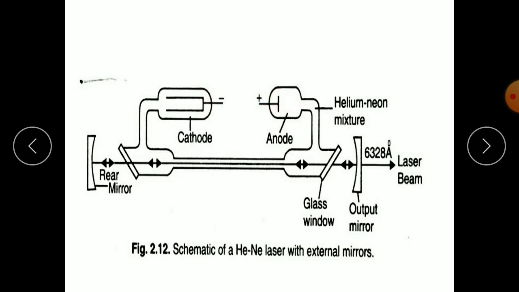When the voltage of 10 kilovolt is provided to these electrodes, the helium atoms at this voltage get ionized, and the electrons and ions move inside this tube.